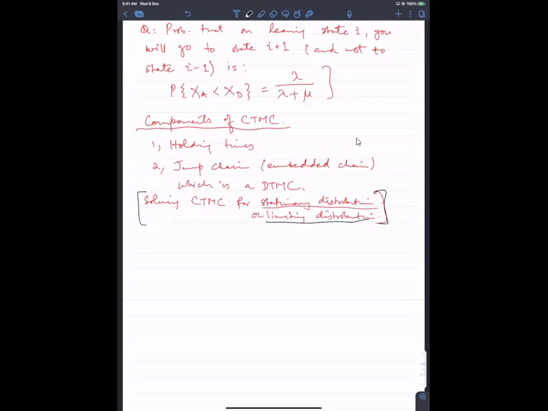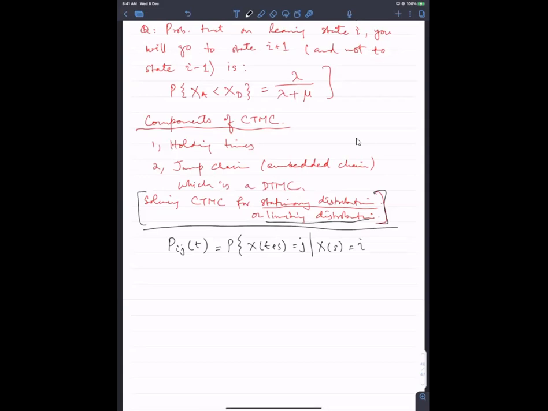So in order to talk about it, I'm going to define Pijt, capital Pijt. This is the probability that at time t plus s, you are in state j, given that x of s is equal to i.